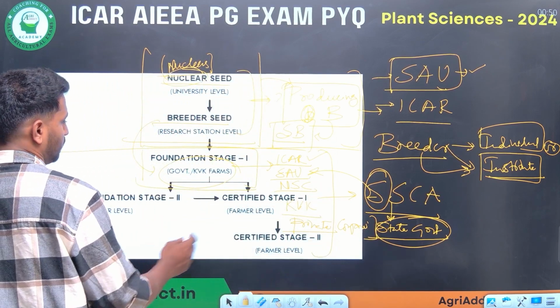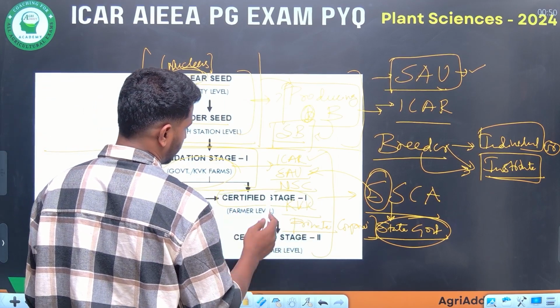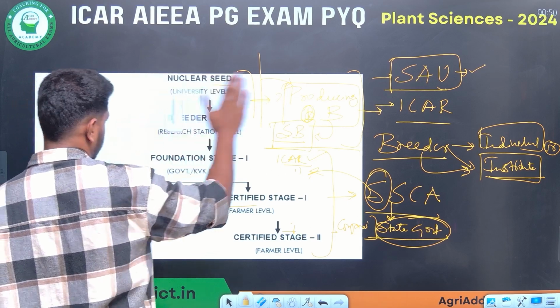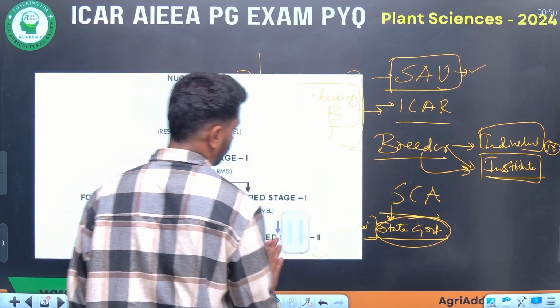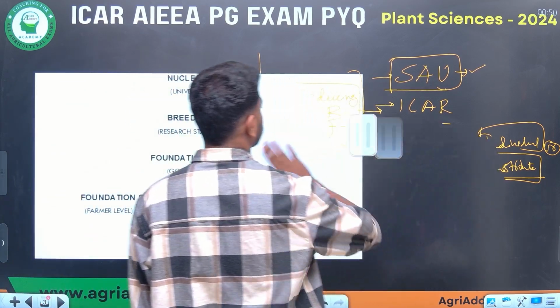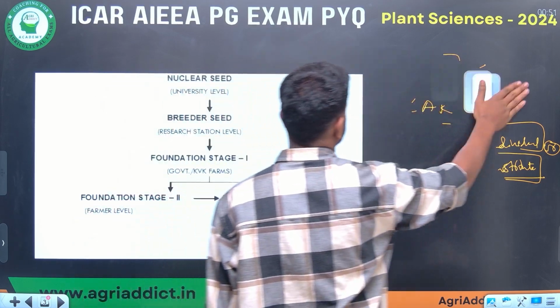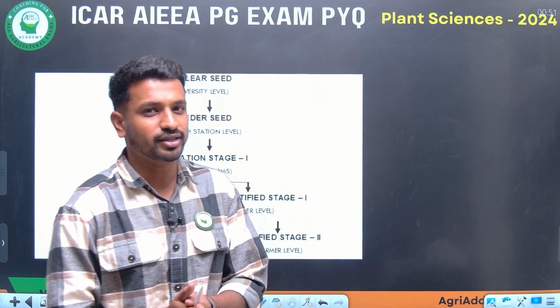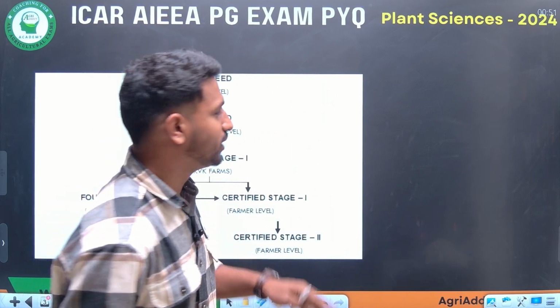And the last level, which is certified stage 1 and 2. I have clearly explained all of these things regarding certified stage 1 and 2, and why we are going for 1 and 2. Please make sure that you know about these things. If you are not well aware of the seed certification chapter, I have uploaded free videos on YouTube which are available for everyone. The links will be available in the description box. You can just check this video.